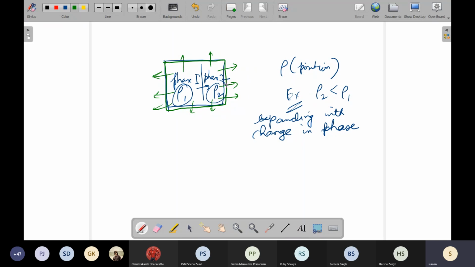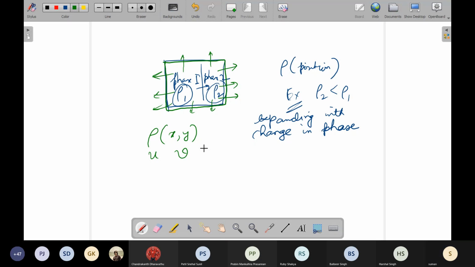Whatever volume it was containing, now the volume with changing phase is more. So where will that extra volume go? That has to be expelled. So here we are getting rho as a function of, say, x, y, and you have the velocity fields u and v physically.